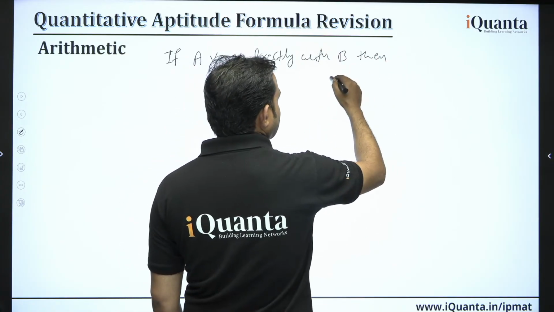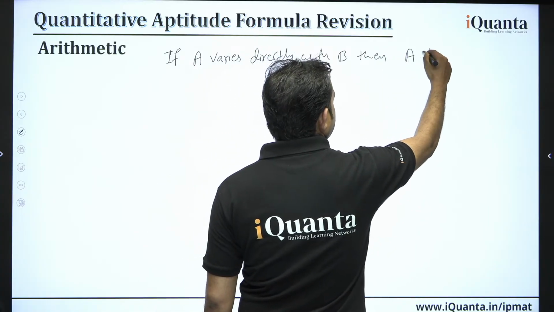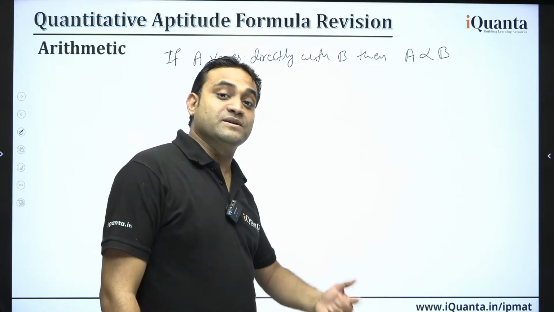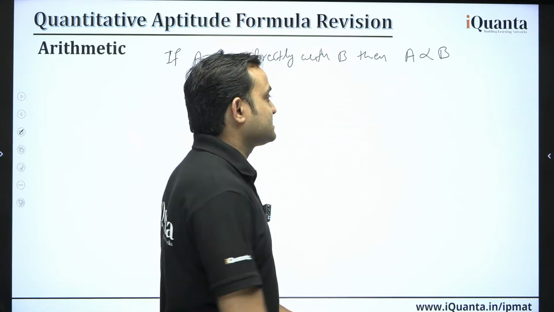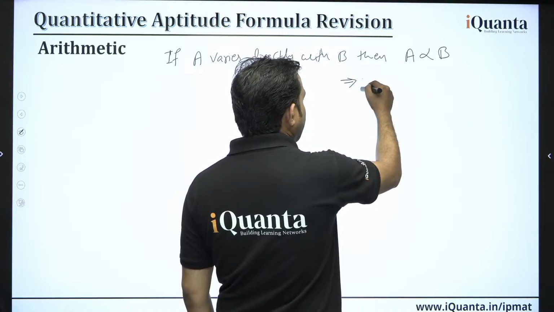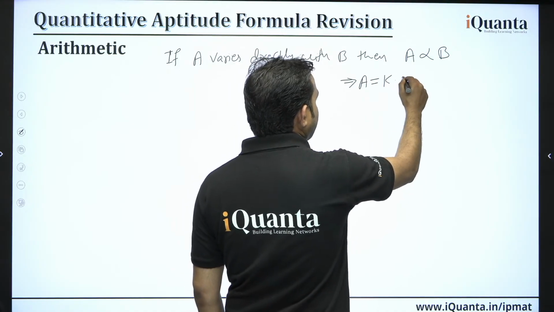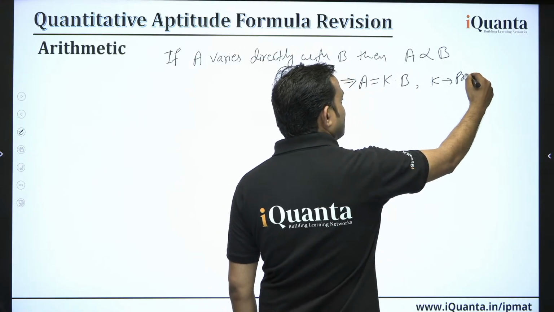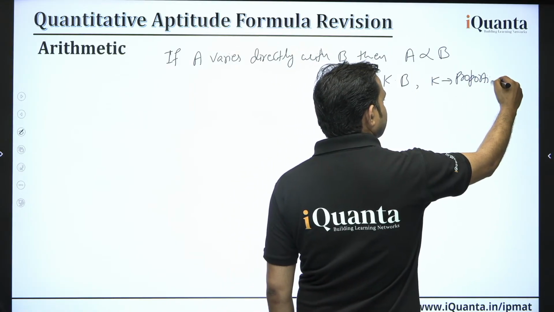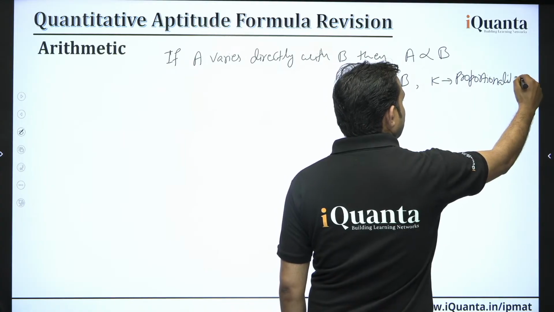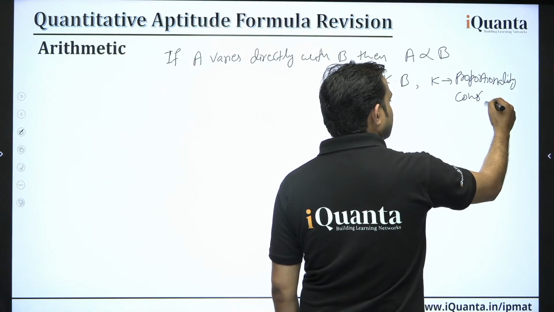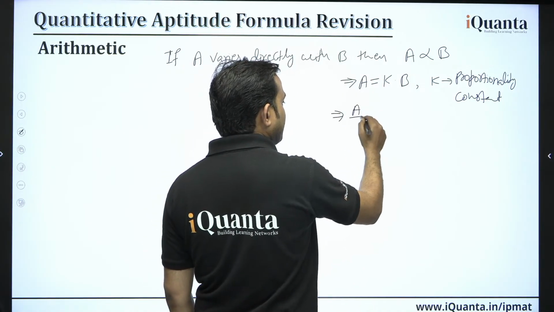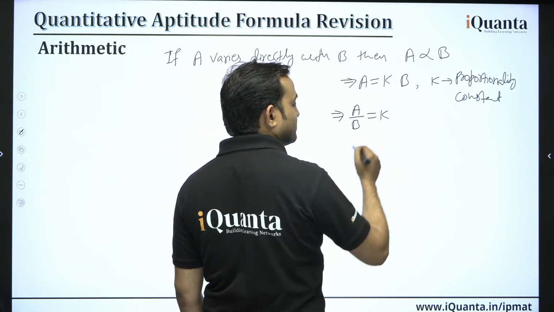Then we say that A is directly proportional to B. A varies directly with B, or A is directly proportional to B, is denoted as this. Or we can say A is equal to K into B, where K is known as the proportionality constant. So from there, we can say that A by B is equal to K.